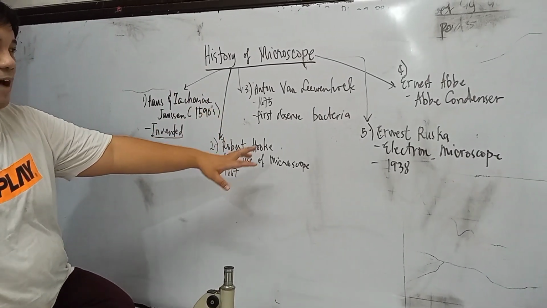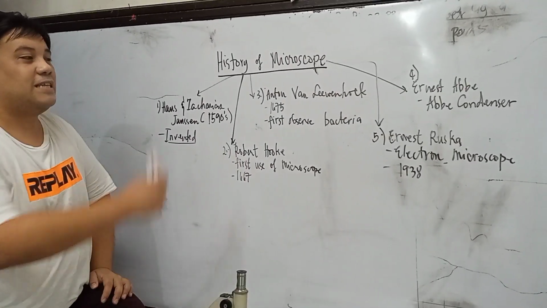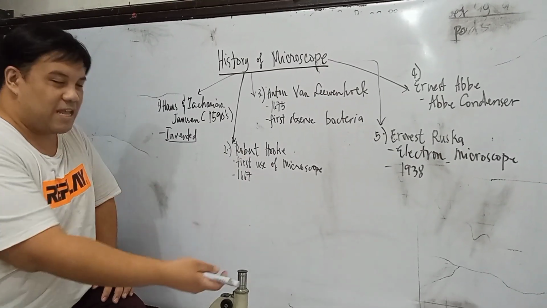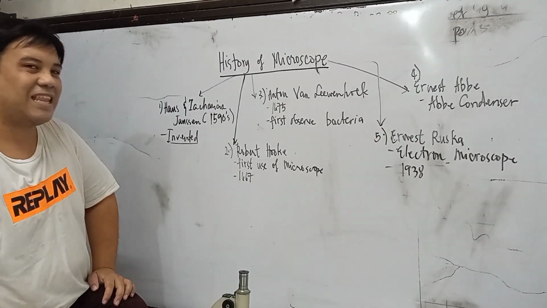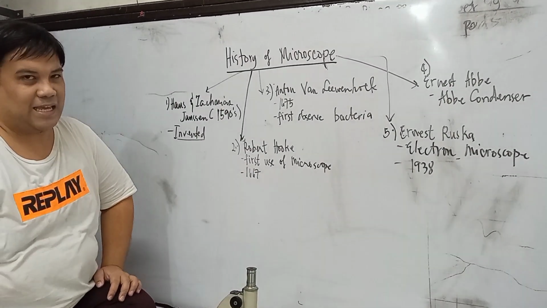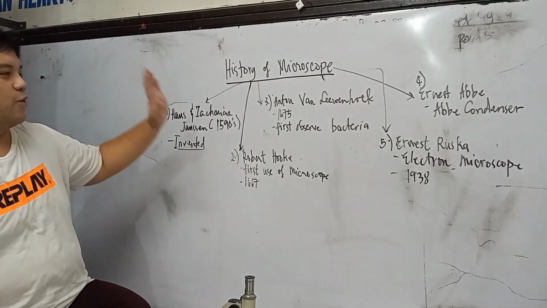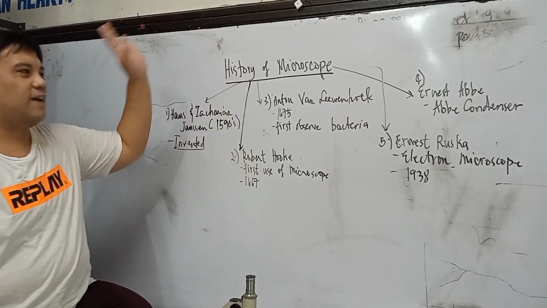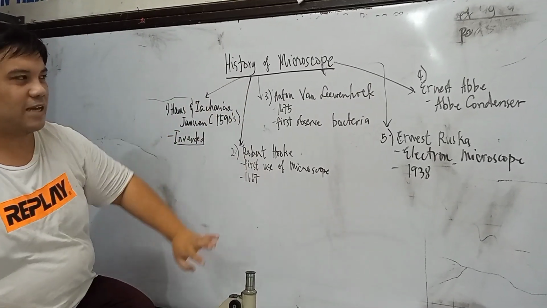Next, lastly, we have Ernest Ruska. Ernest Ruska discovered and invented the electron microscope during 1938. Alright, so we have Zacharias Janssen, Robert Hooke, Anton van Leeuwenhoek, Ernest Abbe, and Ernest Ruska.